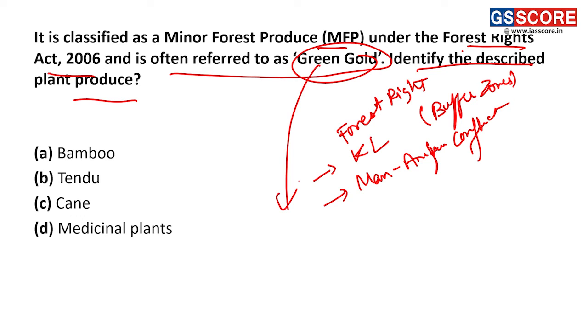Green gold. Okay, so this was in the news for the reason that the tribal residents in 50 villages of Chhattisgarh basically decided to file an FIR when their collection of the tendu leaves, called green gold, was in a way confiscated, and hence this was in the news.